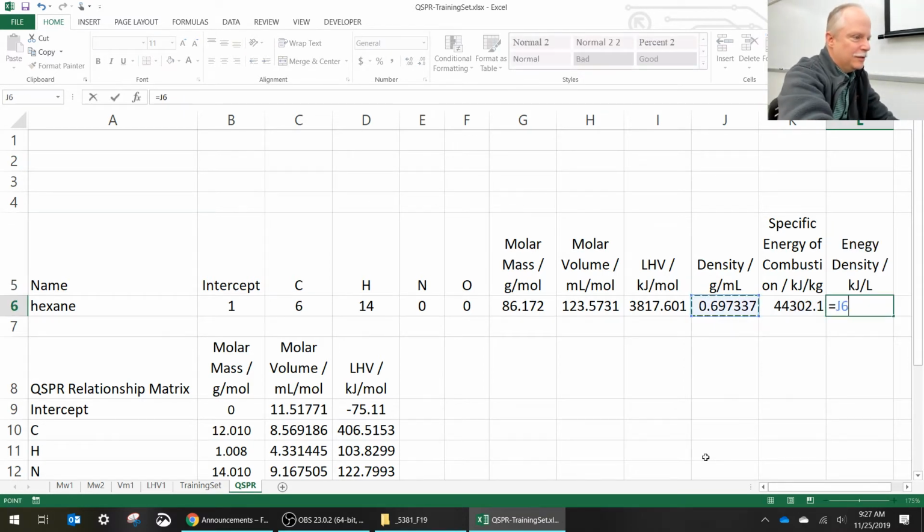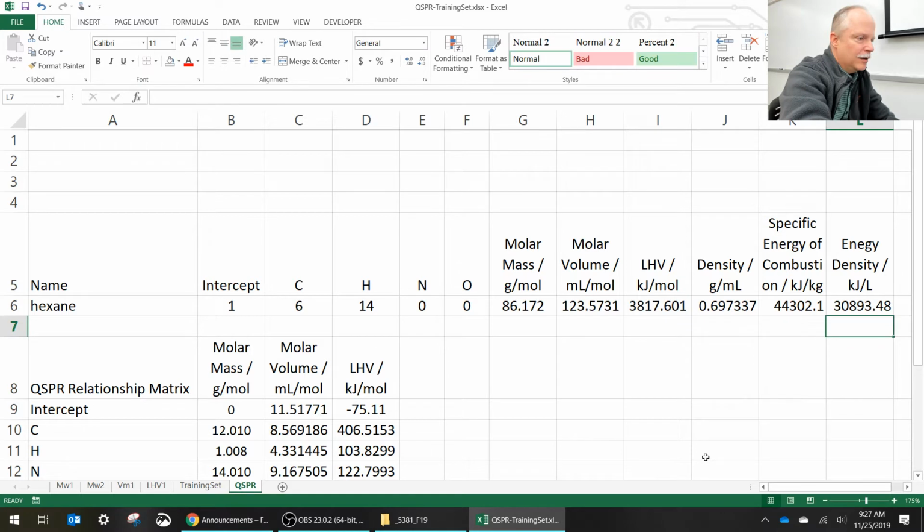That's equal to the heating value divided by the molar volume, again times 1,000. So 30,000 kilojoules per liter of hexane. This is pretty neat because now I have a number that's useful. How many kilojoules do I have in a liter of hexane? I've got 31,000 kilojoules. And yes, I could use per mole and all these other numbers, but this is a really practical number.